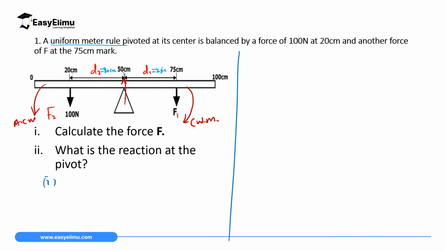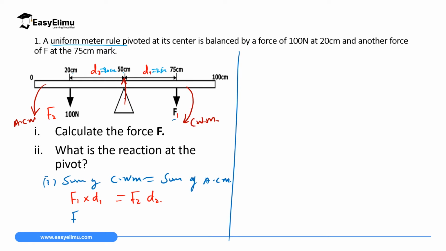So for us to calculate F, we say the sum of clockwise moments is equal to the sum of anticlockwise moments. The clockwise moment is F1 times D1, which will be equal to the anticlockwise moment, which is F2 D2. Now, do we have F1?